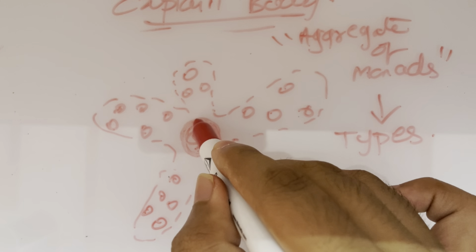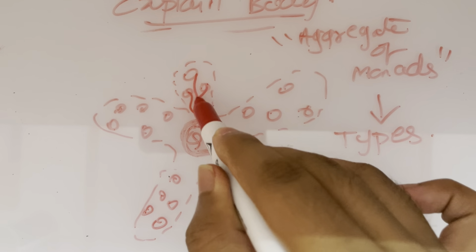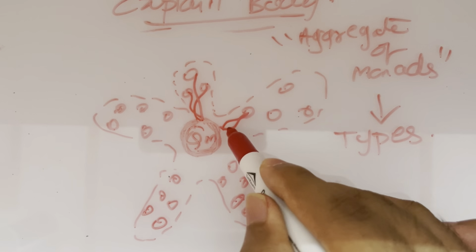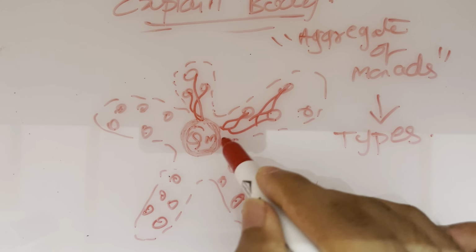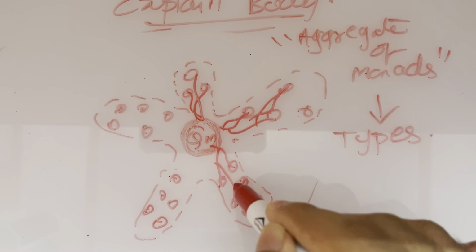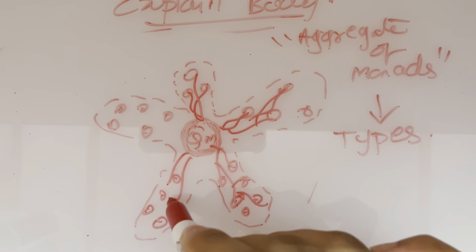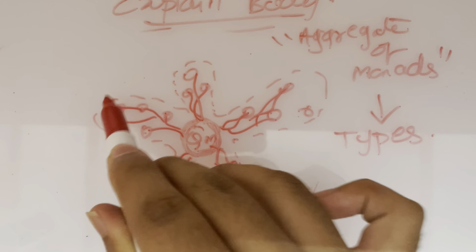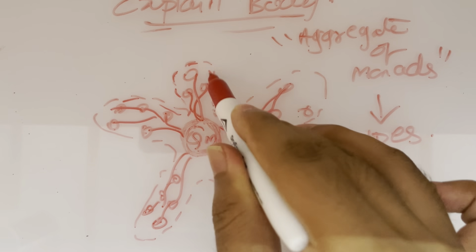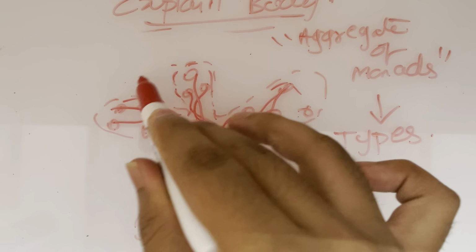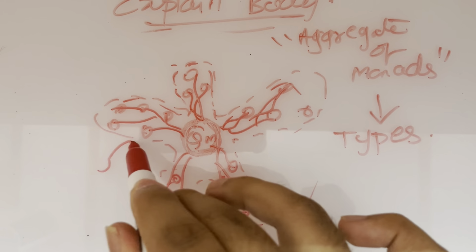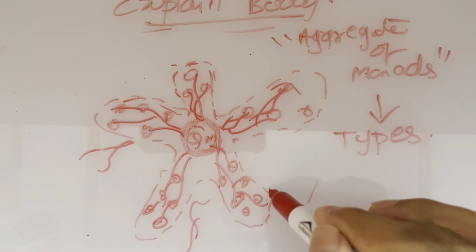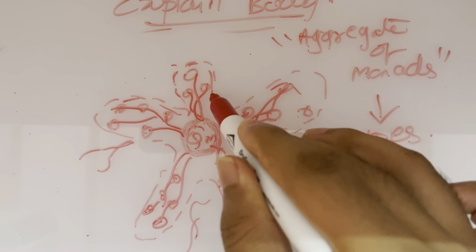Here we have it reflecting all other monads, the activity of all other monads, and through this reflection we have an aggregate being formed in this dotted line shape, and through this aggregate it reflects the entire universe. This is his definition of body.